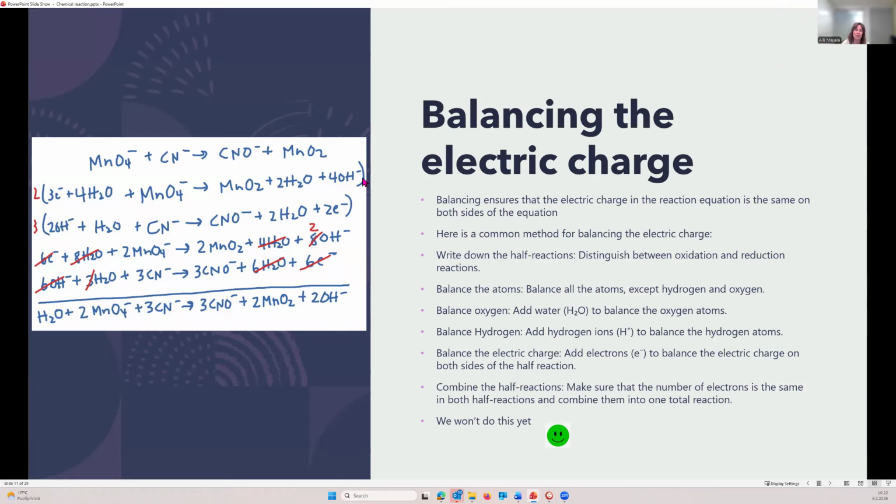But when you have ions reacting, which is many times the case, and you also have some ions forming, you also have to balance the number of electrons. So you have to calculate that you don't lose or gain electrons in the reaction. But this is something that we don't really have time to do on this course.